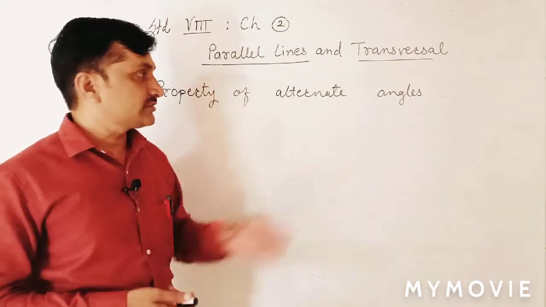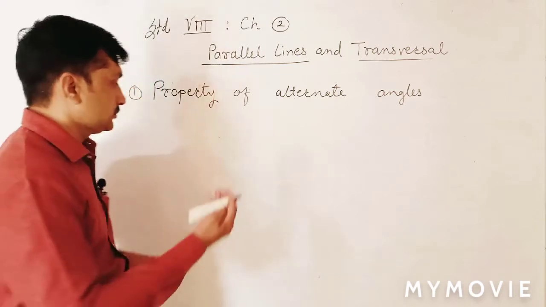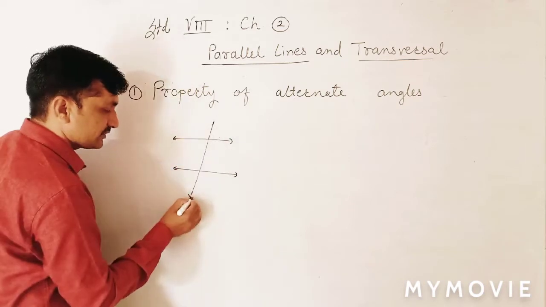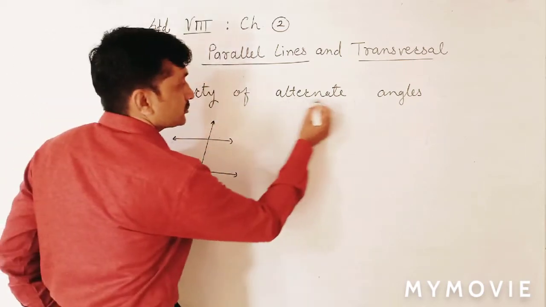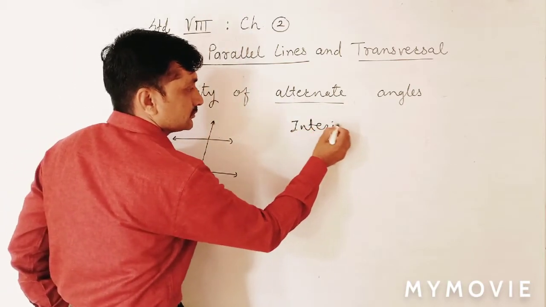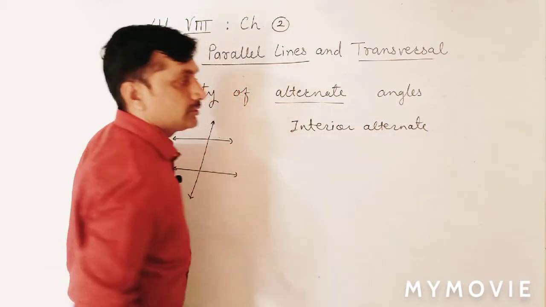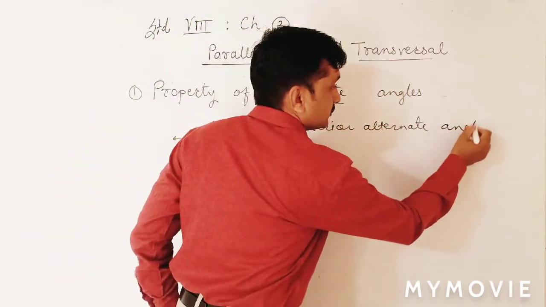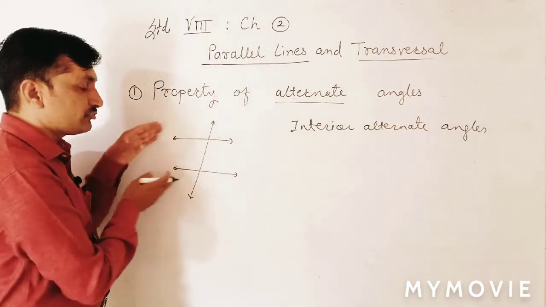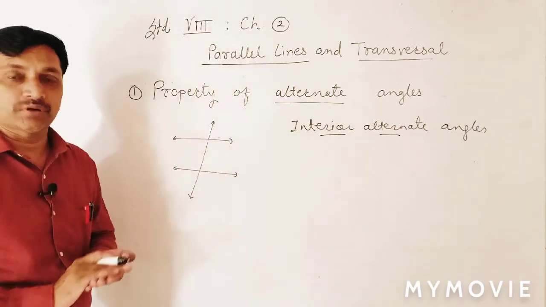The second type of angle we get is alternate. There are again 2 types of alternate: interior alternate and exterior alternate. The first type is interior alternate angles. Now where do we get them? Interior means between the parallel lines and alternate means on opposite sides of the transversal.